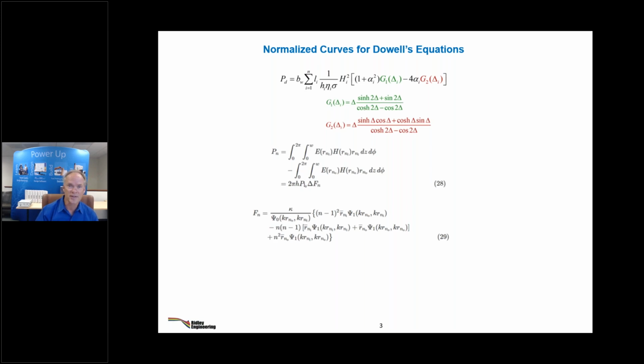So the equations you see at the top here in red and green are the basic Dowell's equations, and then there are any number of highly advanced papers, and anytime I see a double integral, I feel slightly ill. Highly advanced papers to find refinements on Dowell's equations and add Bessel functions to Dowell's equations and so on. And I don't know, if you start with this in magnetics design, it really steers a lot of the industry to say, well, I'm just not going to do that because it's too hard. And I completely sympathize with that.